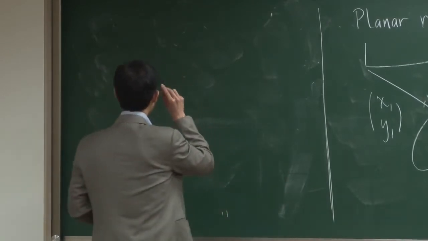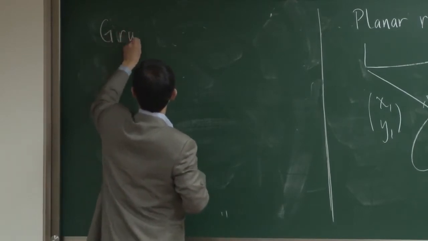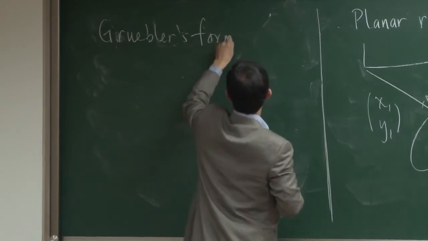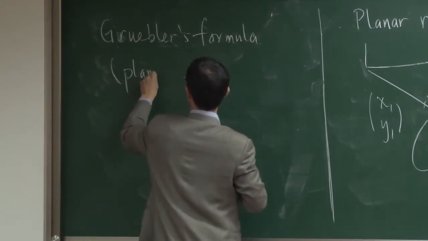All right, so I'm going to give you a formula, and it's called Grubler's formula. I want to remind you that this is the planar version.